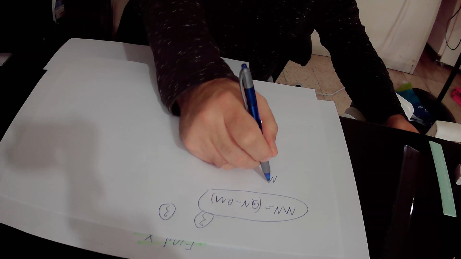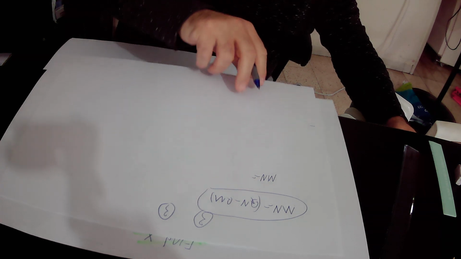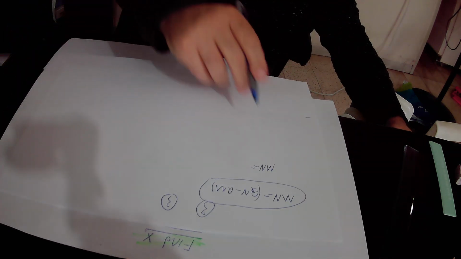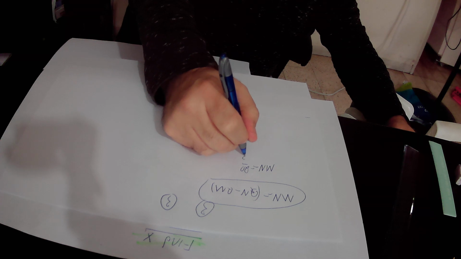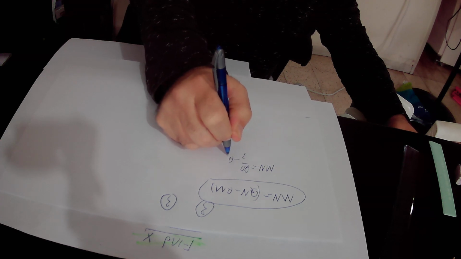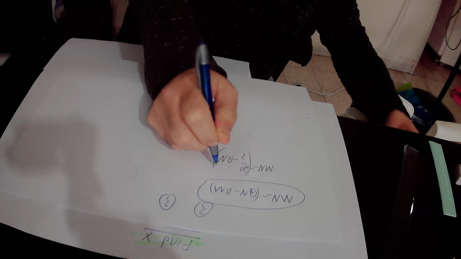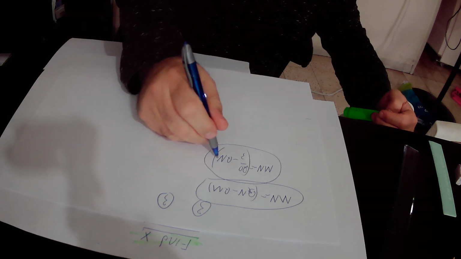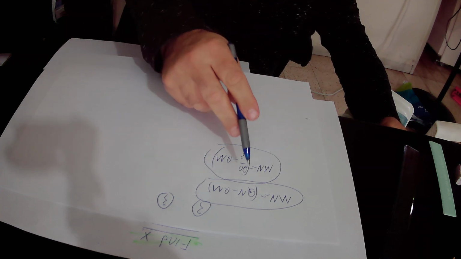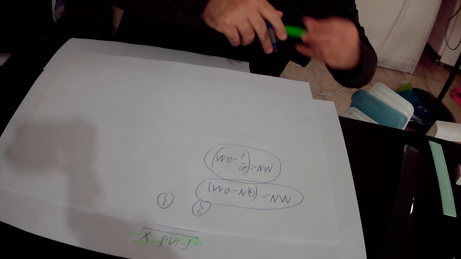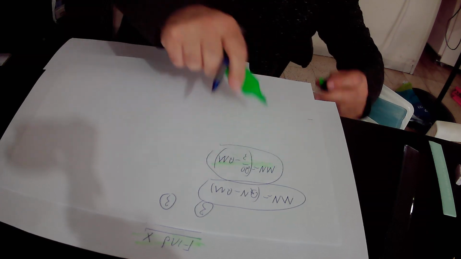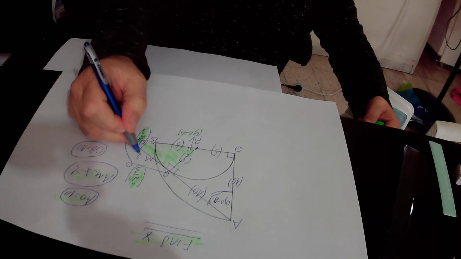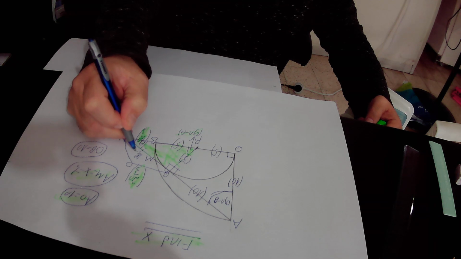So MN equals QN, QN is 20 over 3, minus QM. So in total we found out that MN equals 20 over 3 minus QM.